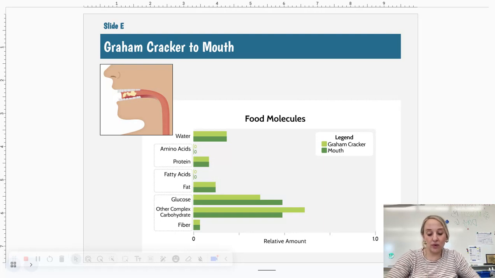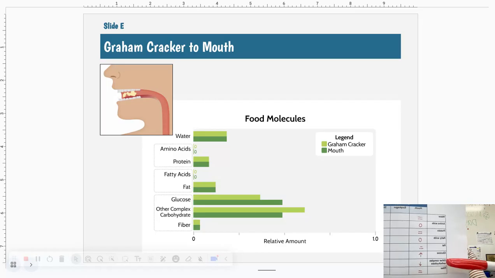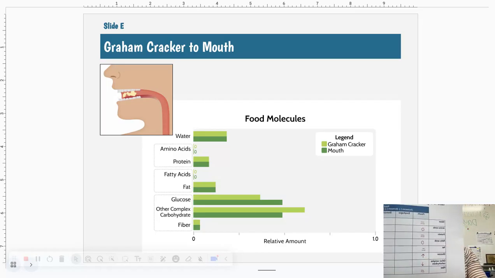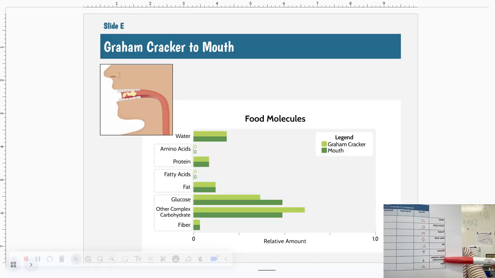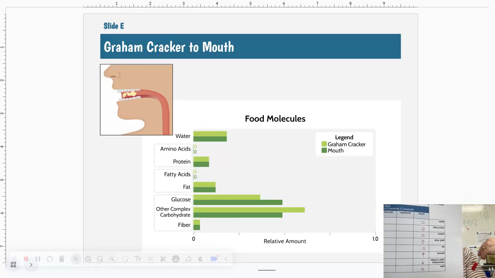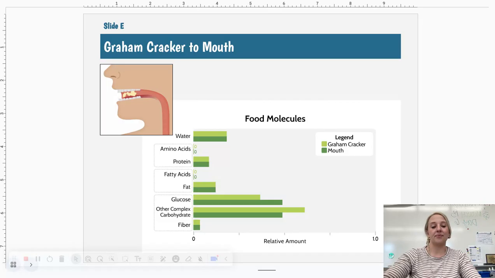What happened was there was a chemical reaction in the mouth. Amylase in our saliva converts the other complex carbohydrates to glucose, which means the other complex carbohydrates decreased and the glucose increased because the amylase changed the other complex carbohydrates to glucose.